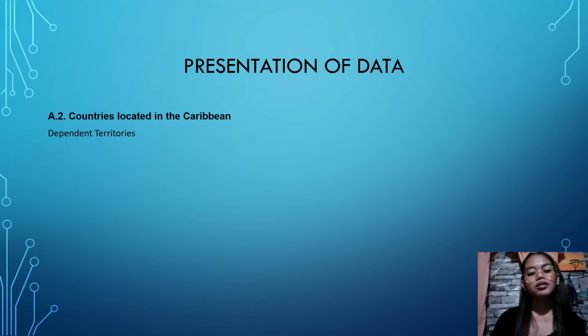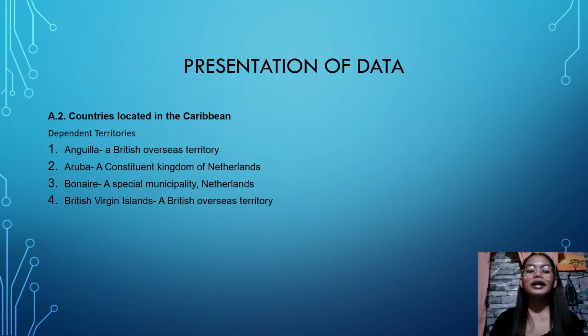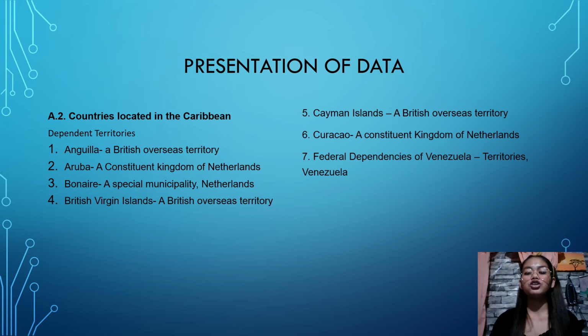Then, how about the dependent territories? Well, we have Anguilla, which is a British overseas territory, Aruba, which is a constituent country of the Netherlands, and Bonaire, a special municipality of the Netherlands, and British Virgin Islands, which is a British overseas territory.